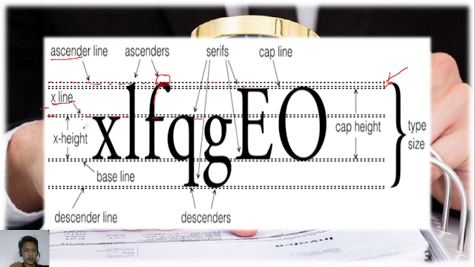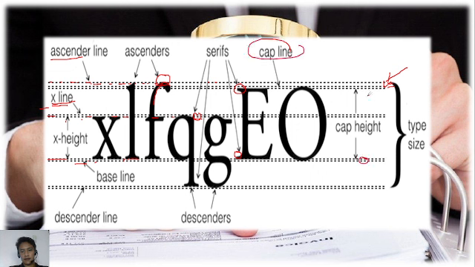Pag sinabi po nating X height, that is from the X line to the baseline. Ito po yung baseline natin. That is X height, and that is where the linear letters rest. And we have here also serifs, those are the signs, or initial strokes or beginning strokes, a form of initial strokes. And for the cap height, that is from the cap line up to the baseline.